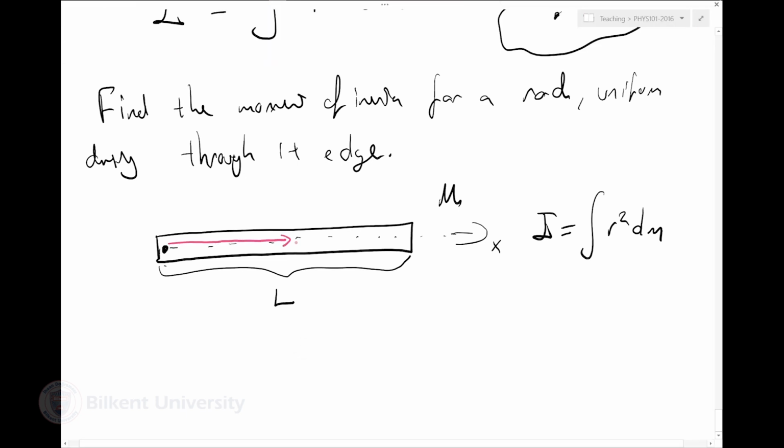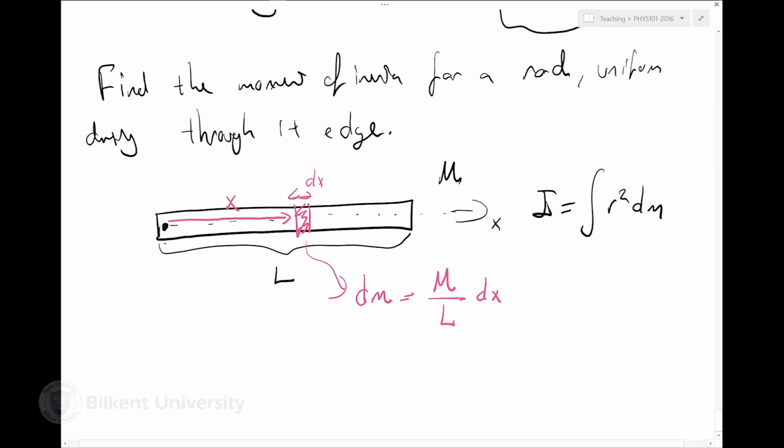If I take a small section of thickness dx, which is x away from my pivot point, what will be my dm for this small part? If the full mass of the rod is m, then m over L times dx should give me the mass of that small part. I'm basically just taking a linear proportion, right?